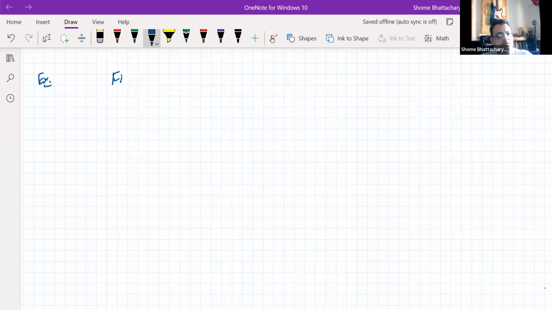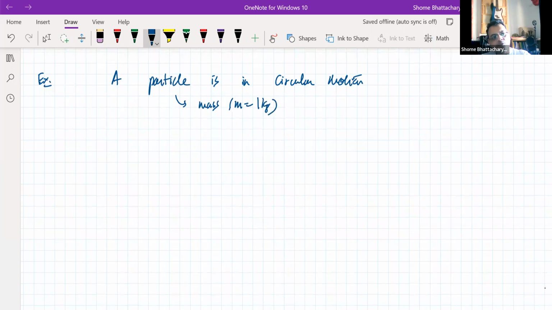So we have a particle which is in circular motion. The particle has a mass, let's say m equal to 1 kg. It's in circular motion on a circle of radius r equal to something, let's say 5 meters.